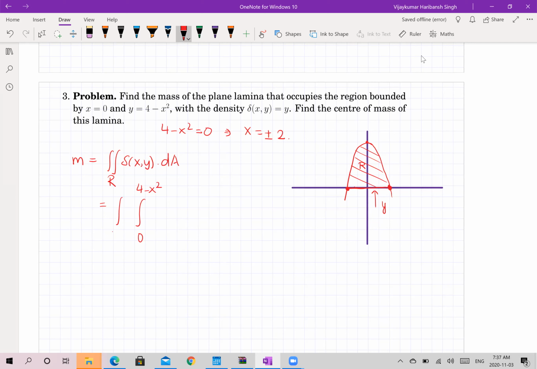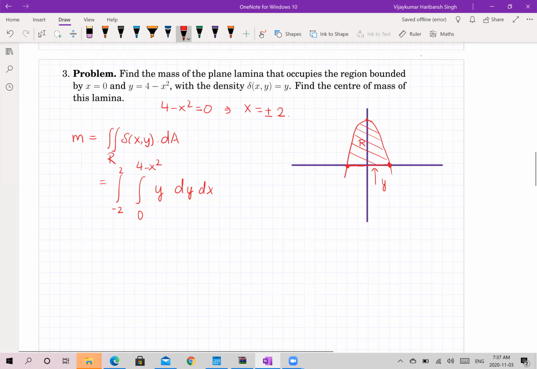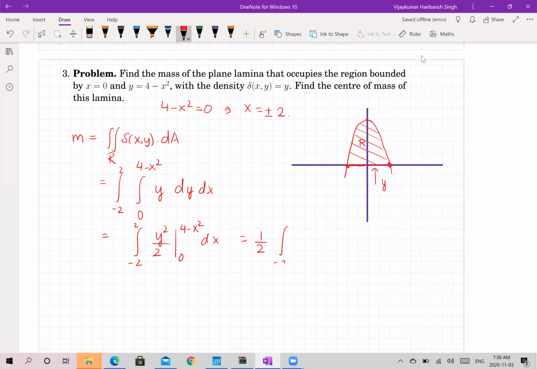Your x ranges from -2 to 2. And your density delta(x,y) is y, so you have y dy dx. So this integral is going to be y squared by 2 from 0 to 4 minus x squared, from -2 to 2, dx. We can bring 1 by 2 out. We have the integral from -2 to 2 of (4 minus x squared) the whole square dx.